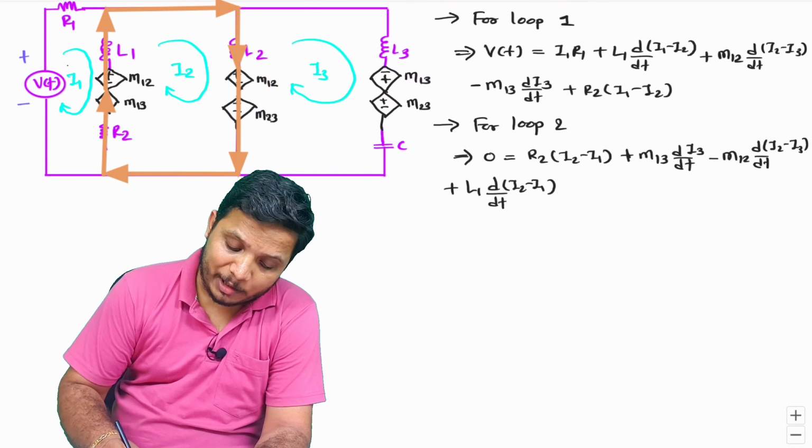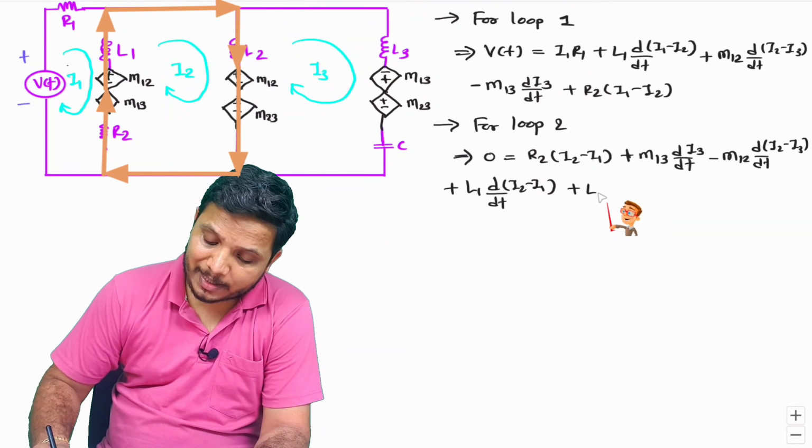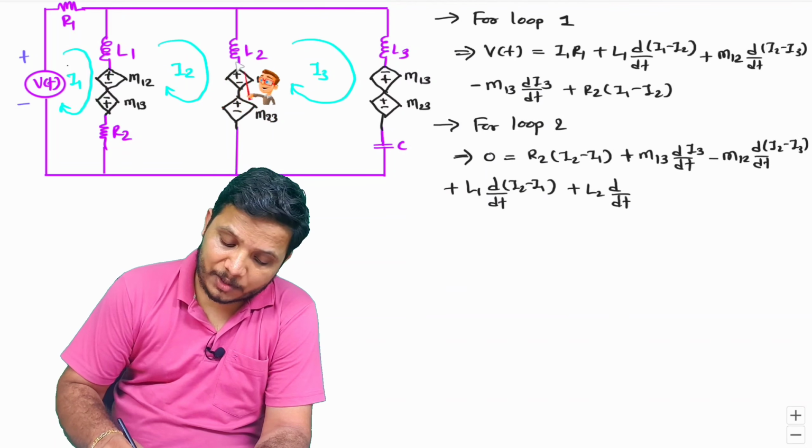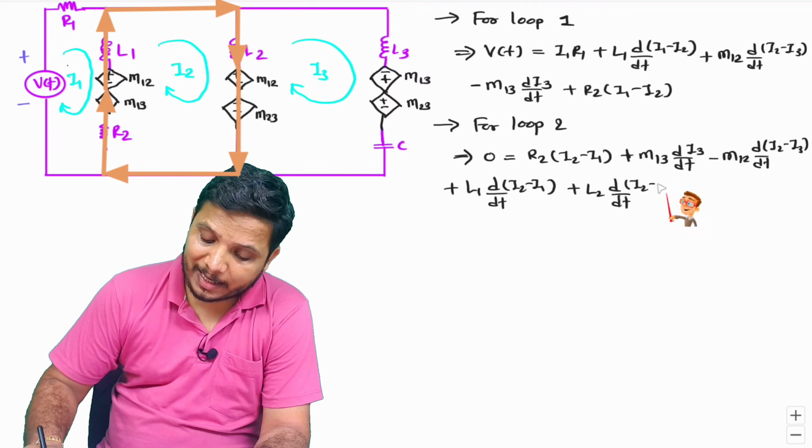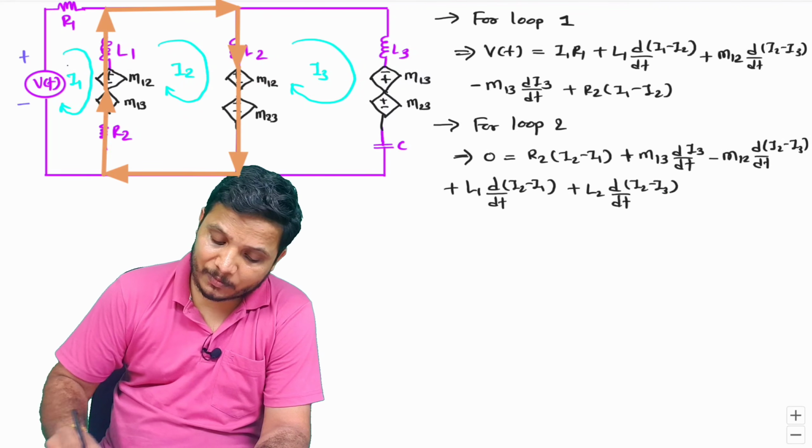Then in this loop L2 comes, so plus L2 d by dt of, due to loop 2 current is I2 minus I3, so I am writing I2 minus I3.